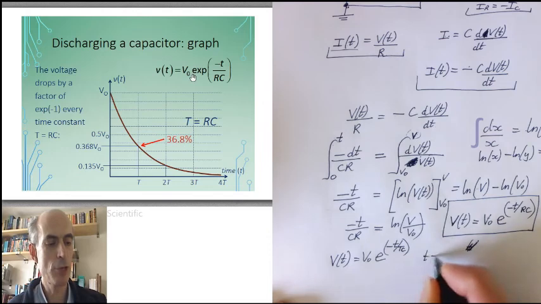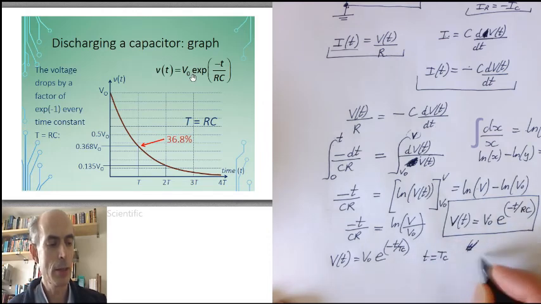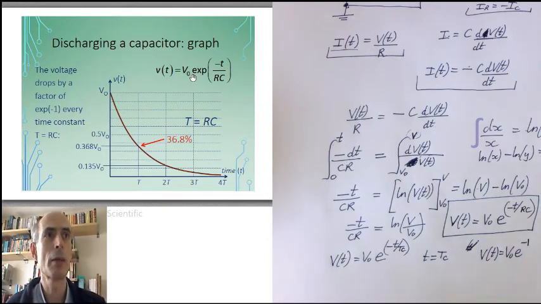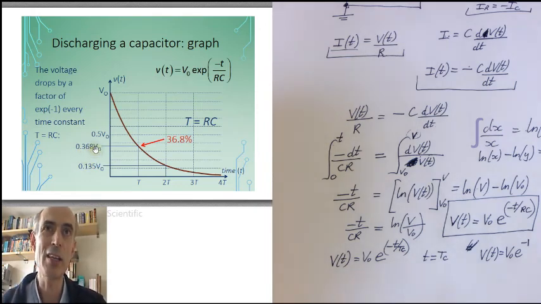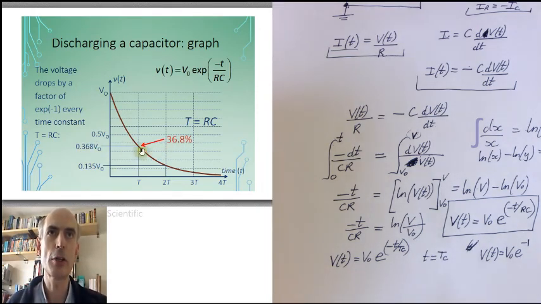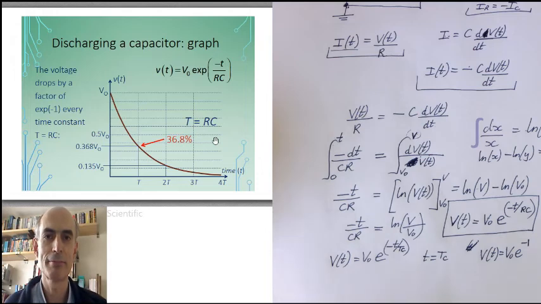When t is equal to the time constant, then we get the voltage is equal to V0 times e to the power of minus 1. E to the power of minus 1 is 0.368, so we're at 36.8% of where we started after one time constant. The time constant in this case is just the product of the resistance and the capacitance.